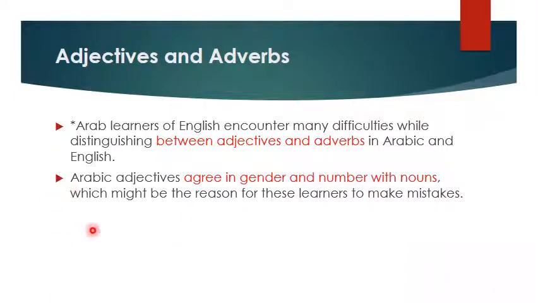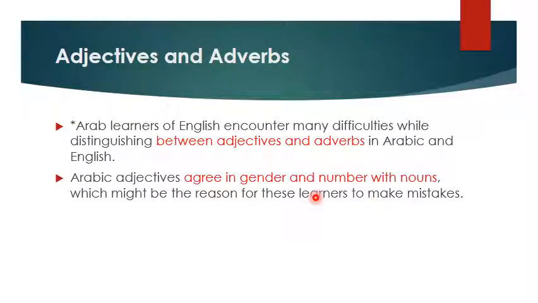Arabic adjectives agree in gender and number with nouns, بتطابق الnoun في العدد والنوع, which might be the reason for these learners to make mistakes. Because this is not the case in English. English does not have this match between the noun and the adjective.